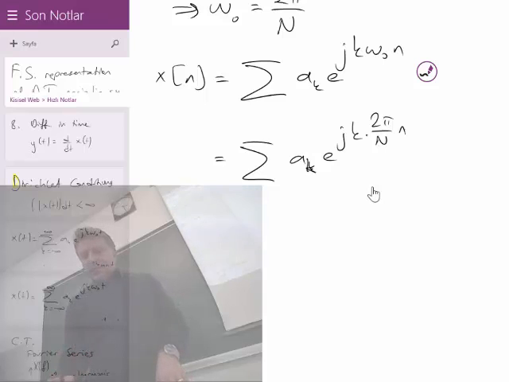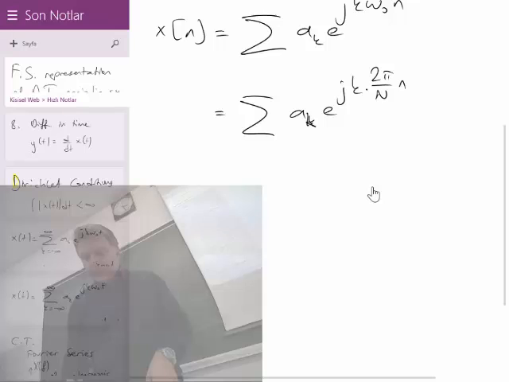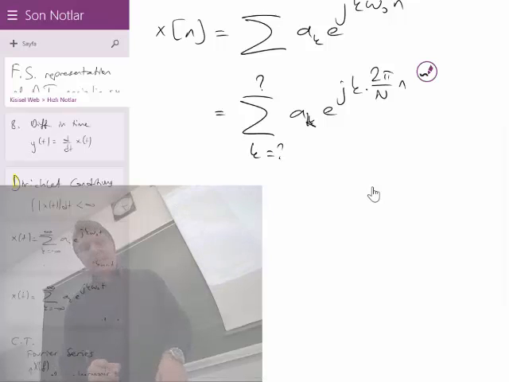But now, since it's in the form of 2 pi over an integer N, look what happens. So, k from where to where is the question. How many Fourier series coefficients do we have? We are trying to answer that question right now.